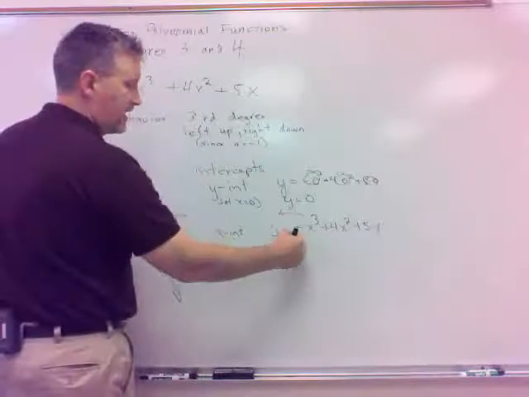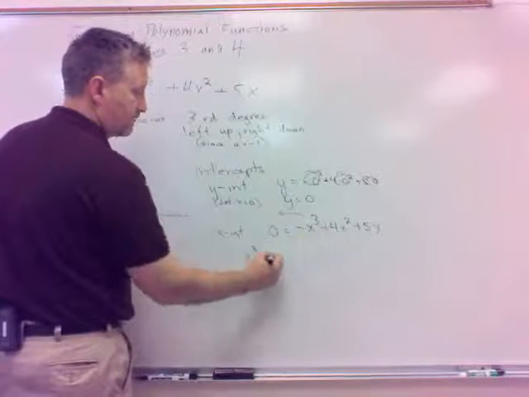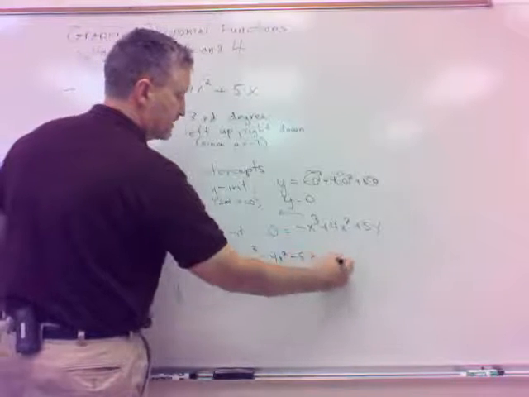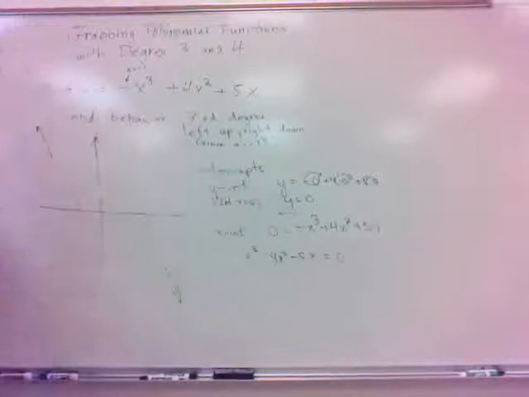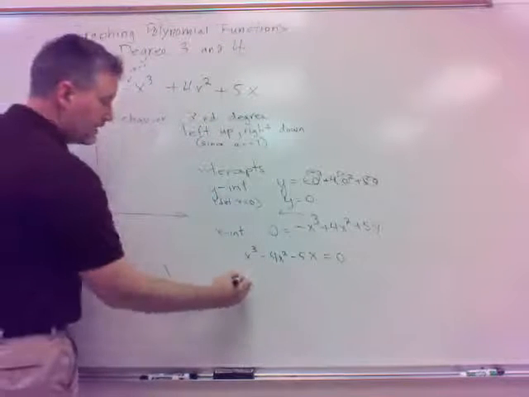So I'm going to add x squared to both sides, add x cubed to both sides. I'm going to subtract 4x squared from both sides. I'm going to subtract 5x from both sides. Just move all the terms over, change their signs, and it makes it a little easier to factor if we do that.